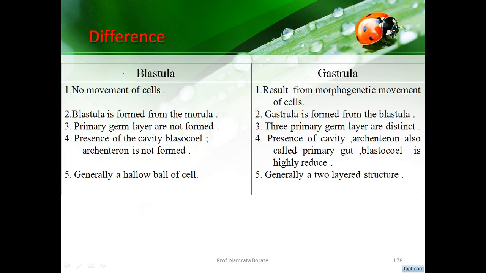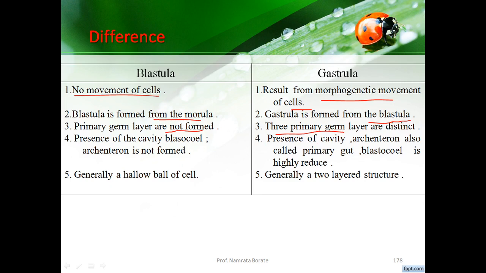The next phenomenon we see is the difference between the blastula and the gastrula. In the blastula, as we already studied, there is no movement of cells, but in the case of the gastrula, it results from morphogenetic movement of cells. The blastula is formed from the morula, and the gastrula is formed from the blastula. In the blastula the primary germ layers are not formed, but in the gastrula there is a formation of the three germ layers: ectoderm, mesoderm and endoderm.